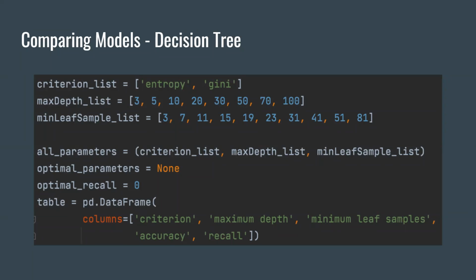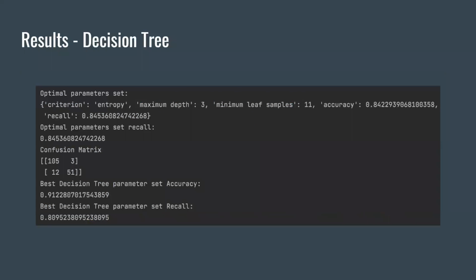Now, moving on to the modeling stages. First, we build the decision tree models, and we test out different parameters in order to find the best model. Here on the top, you can see some values that we tested for our parameters. Next slide.